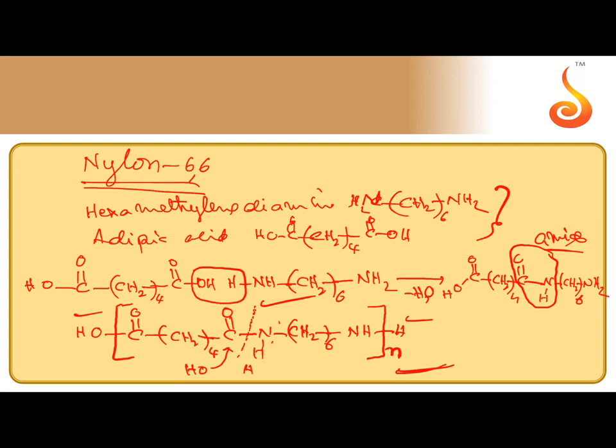So you will get the monomers. Similarly in polyester, you break the bond between the carbonyl carbon and oxygen, attach OH to the carbonyl carbon and H to the oxygen. This is the best method to get the monomers.